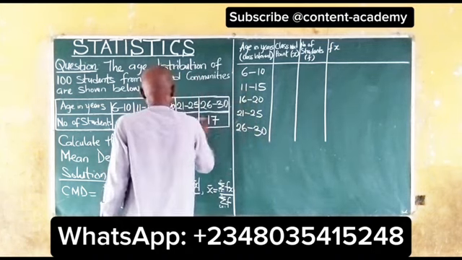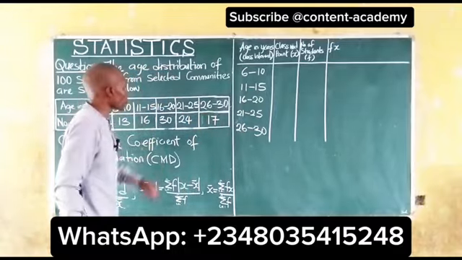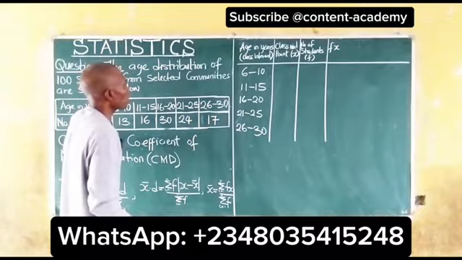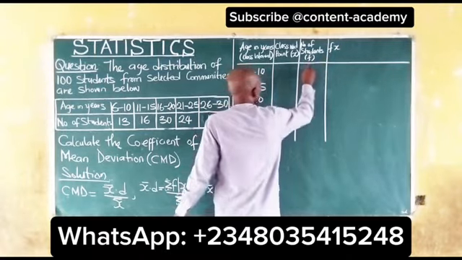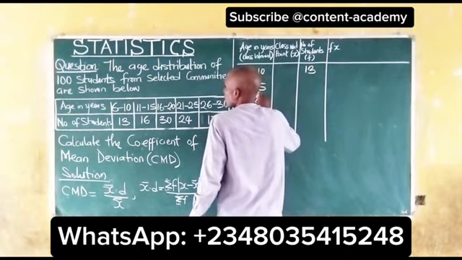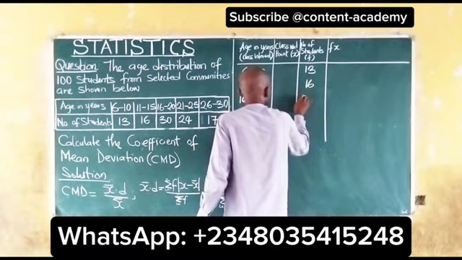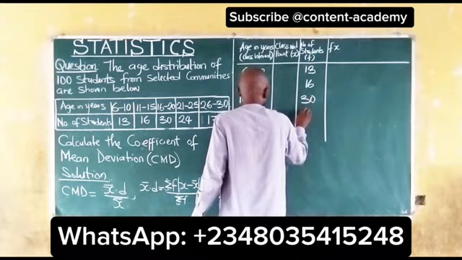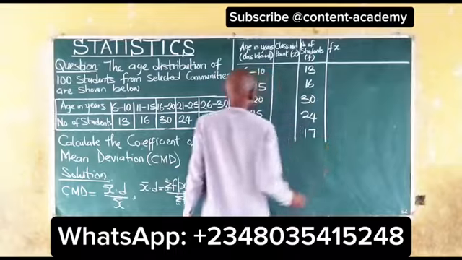That is five classes. Now, our number of students will be 13, 16, 30, 24, and 17. This is what we have.